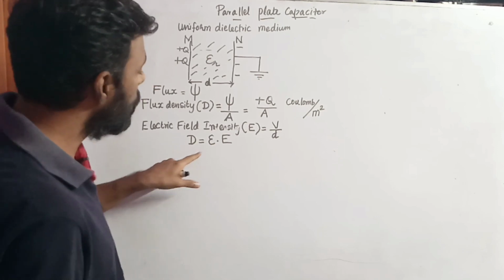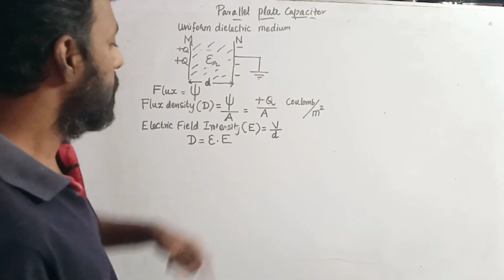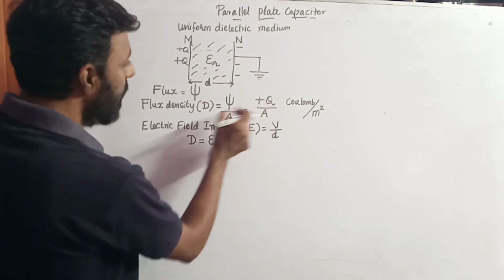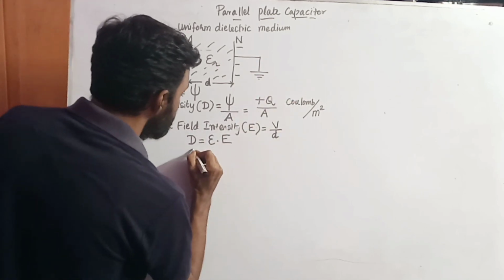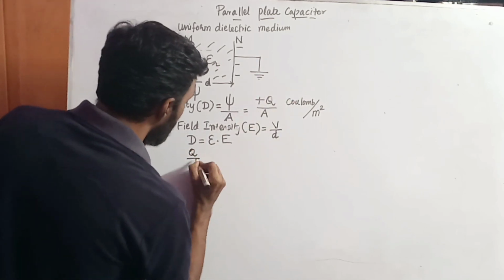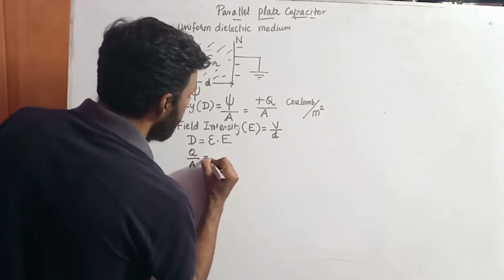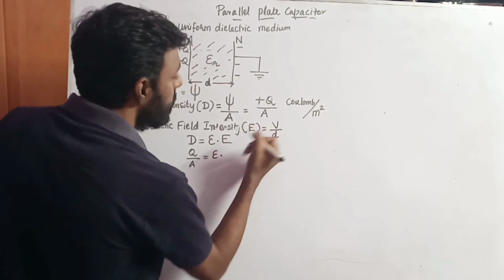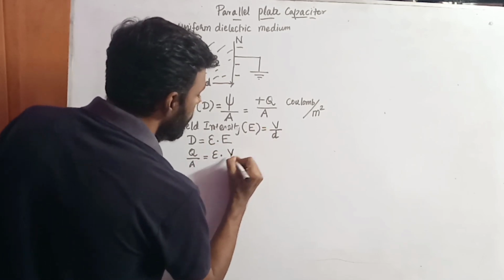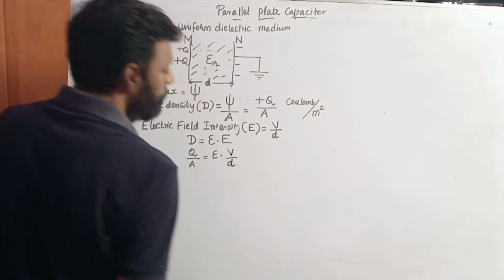Now I am substituting the value of D, that is Q divided by A. Q divided by A is equal to epsilon into the value of E, which is V divided by small d.